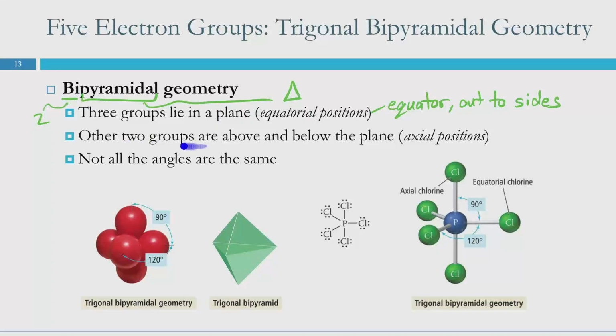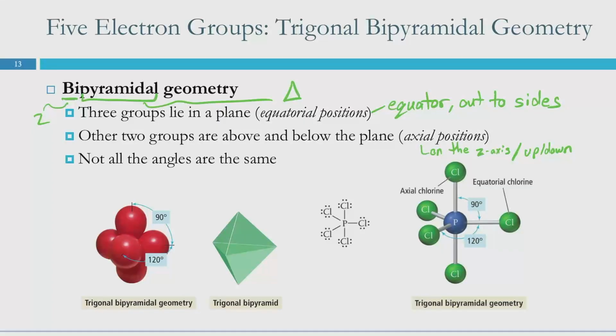The other two groups are above and below the plane, pointing up and pointing down. They are along an axis. This would be the Z axis. Or up and down, and so we call those axial positions. Our axial positions are pointing up and down. Our equatorial positions are pointing out to the sides.